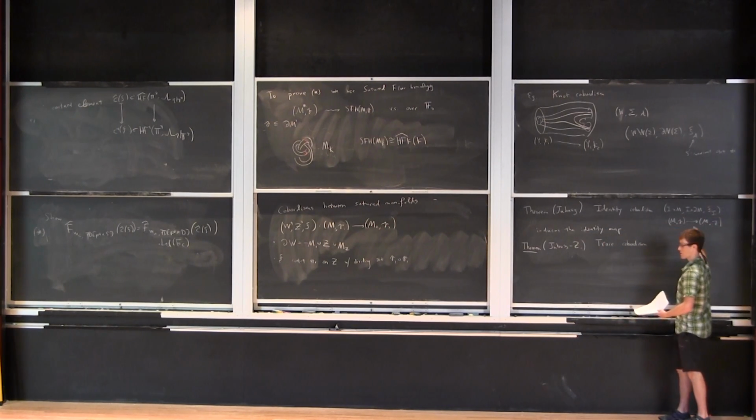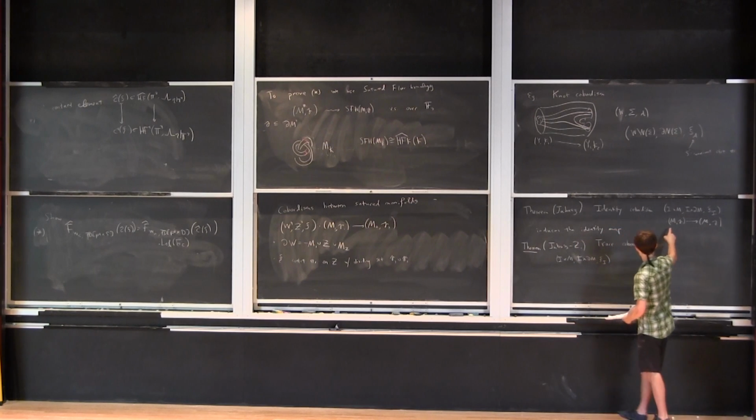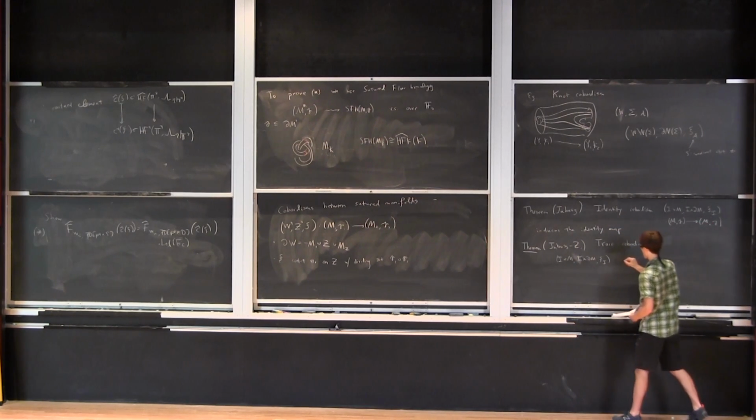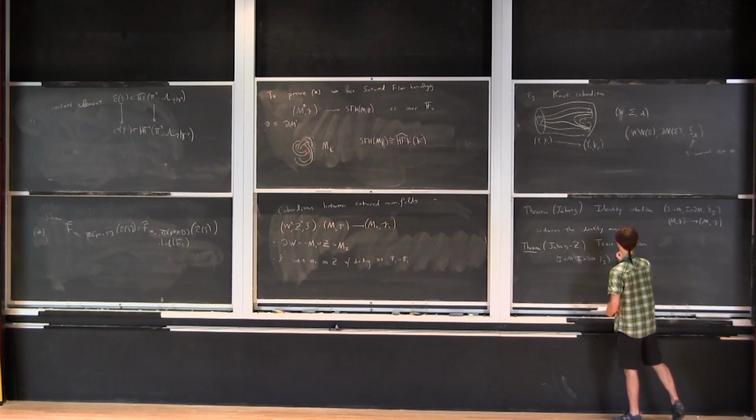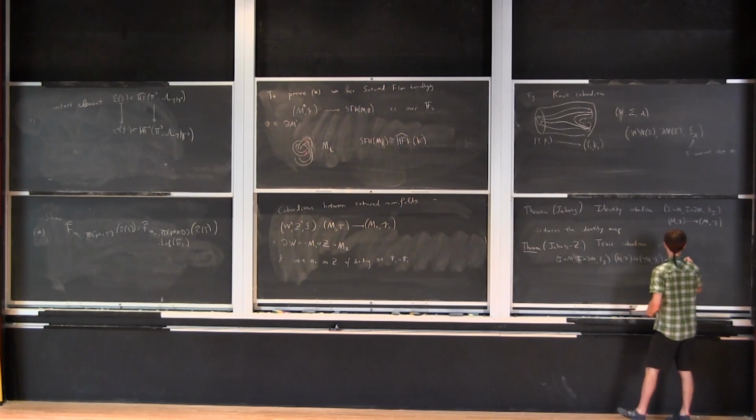So it's the same four-manifold with boundary. It's I times M, I times the boundary of M, and then also the same contact structure. But now I don't want to view it as M gamma to M gamma. This will be M gamma disjoint union minus M gamma, and now it goes to the empty set.